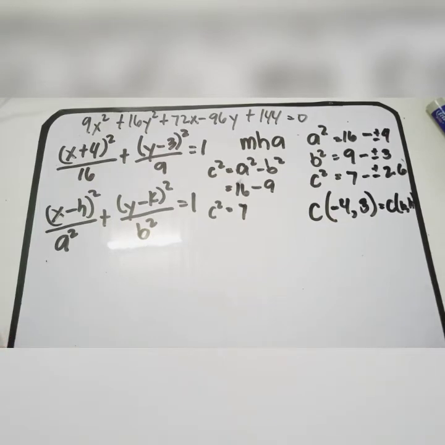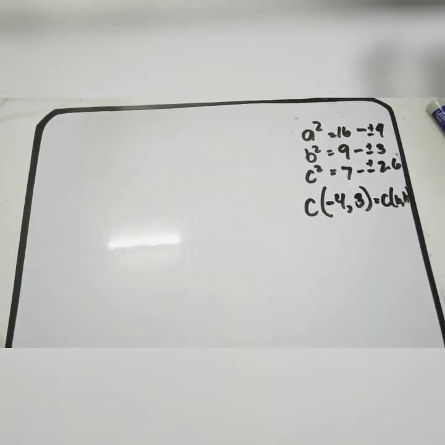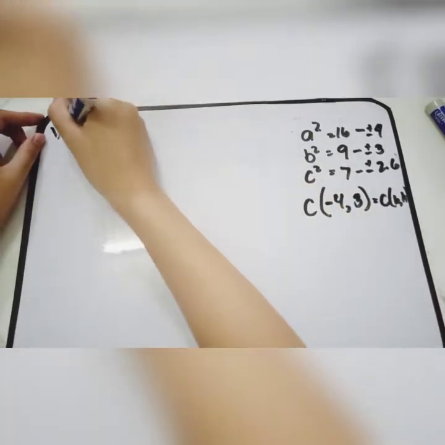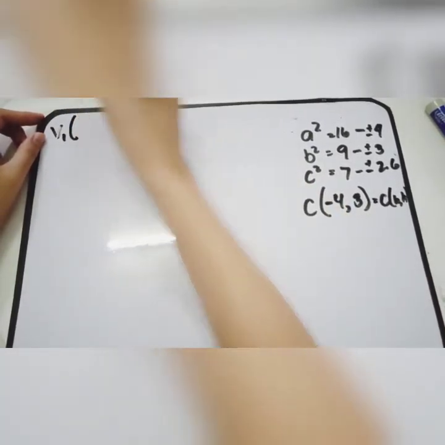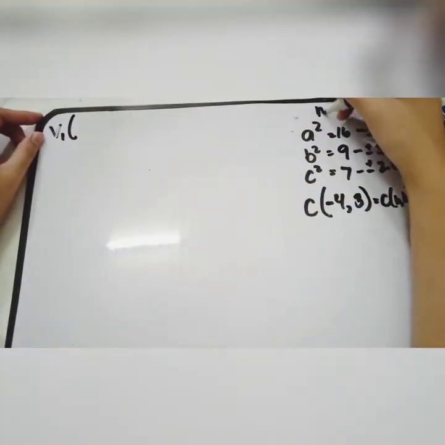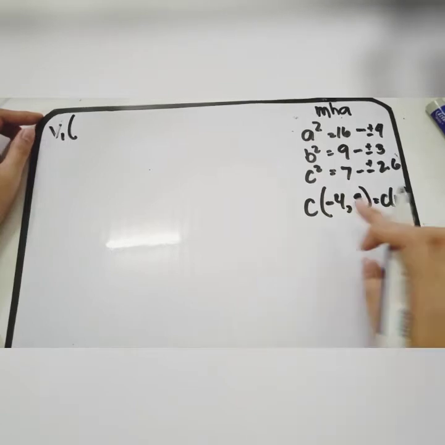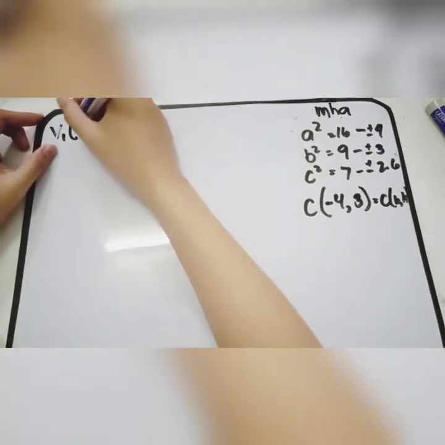So let's locate the value of our vertices, co-vertices, and then the foci. Okay, to locate the vertices, first copy the center. So, di ba it is major horizontal axis. So, ibig sabihin, mag-add tayo or mag-operation tayo dito sa h. So, negative 4.